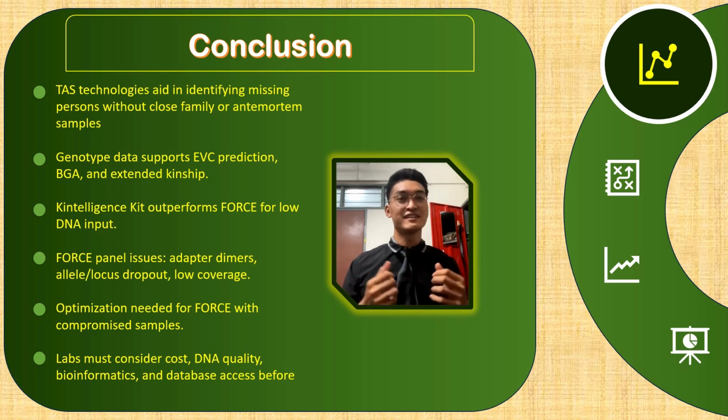In this study, the Kintelligence kit outperformed the FORCE panel QIAseq workflow for low DNA inputs, with FORCE showing more adapter dimers and allele dropout, leading to poor coverage and non-concordant genotypes. Optimization of the FORCE workflow is needed for compromised samples. Labs must also consider cost, sample quality, bioinformatics resources, and operational goals before adopting a TAS pipeline.